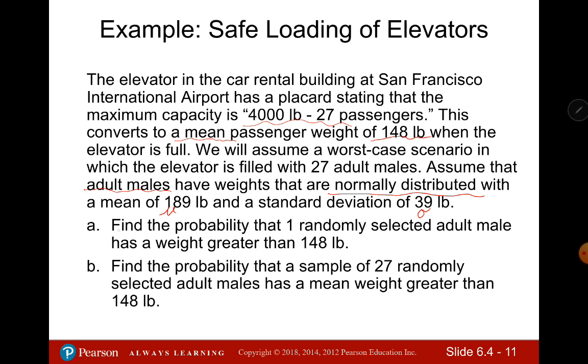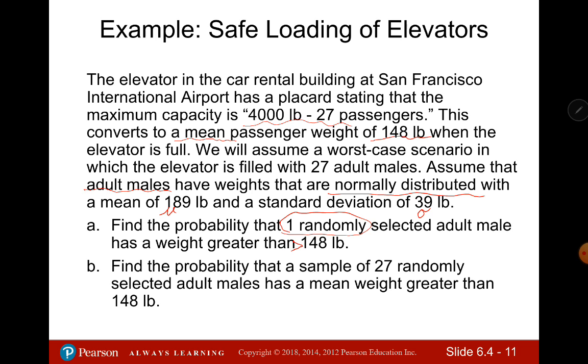Let's check. Find the probability that one randomly selected adult male has a weight greater than 148.